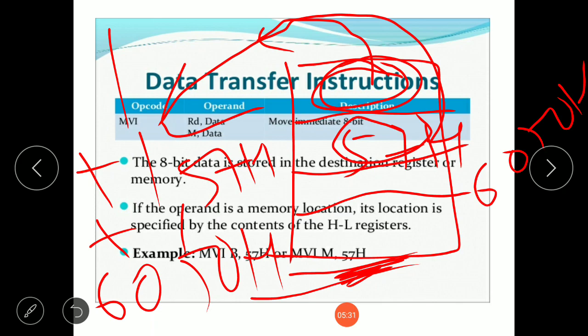Fine. So there will be 3 machine cycles used for this instruction. First for opcode fetch, second for memory read, that is for reading the data that is stored in the memory, and third for writing that data into the memory location which is specified by the content of the HL pair.